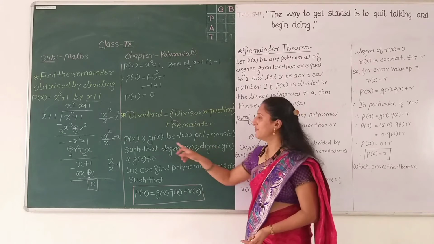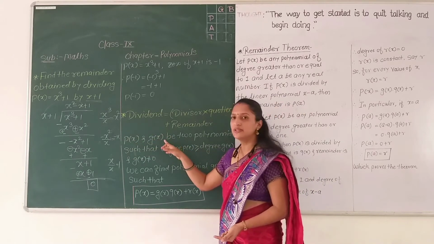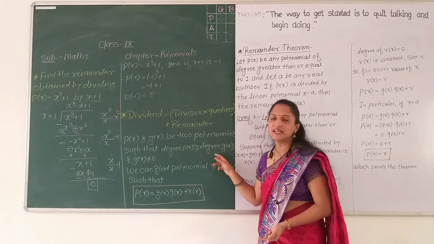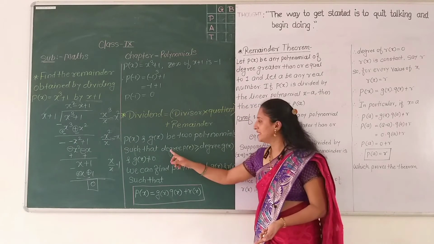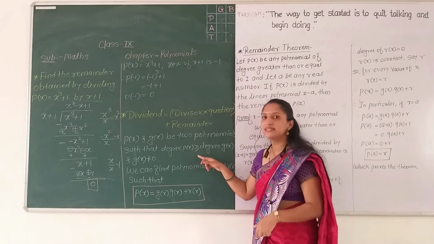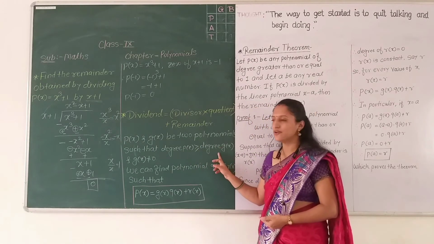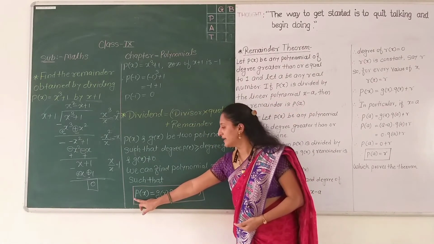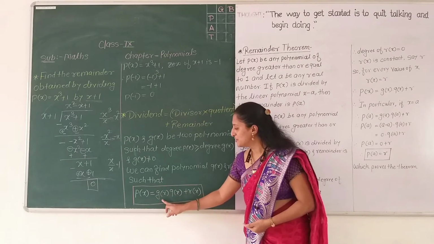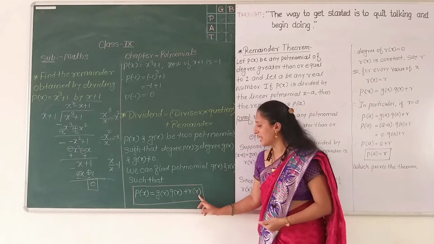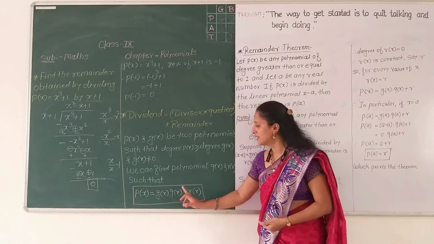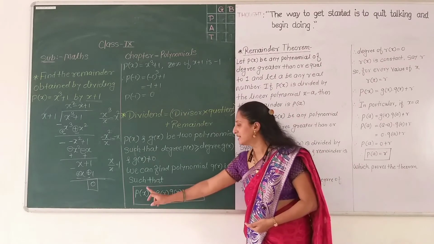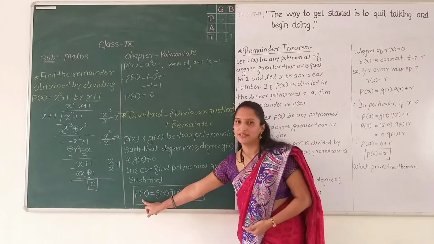So when we divide any polynomial by a divisor, the degree of the dividend is always greater than or equal to the degree of the divisor. We can write any polynomial in the form p of x is equal to g of x into q of x plus r of x. Here r of x is the remainder, q of x is the quotient, g of x is the divisor, and p of x is the dividend.